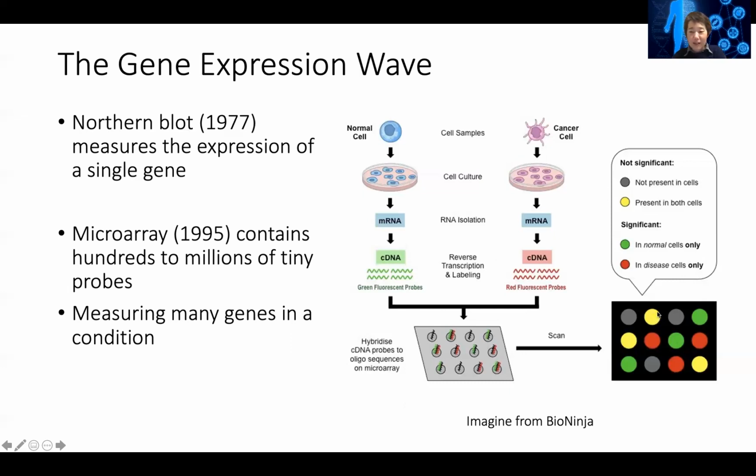Whereas if it's yellow, this gene is highly expressed at a similar level in both conditions. But if it's green, this is a gene that is highly expressed in the normal cell, whereas if it's blue, it is a gene that's highly expressed in the cancer cells. And so this is really fantastic. People can really use it to measure expressions of hundreds or thousands of genes at a time.